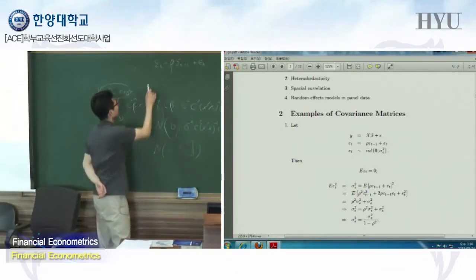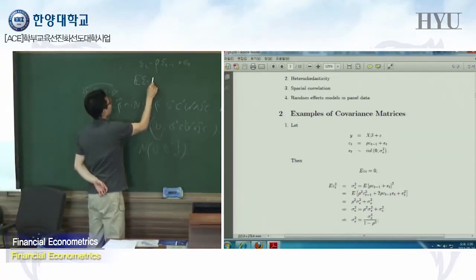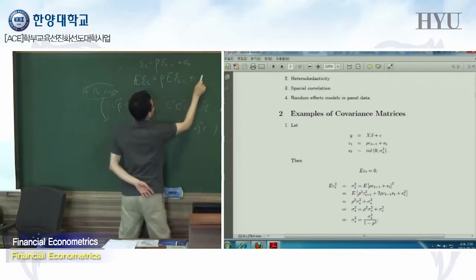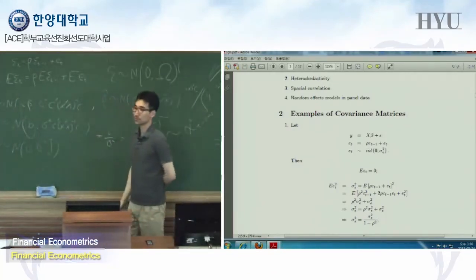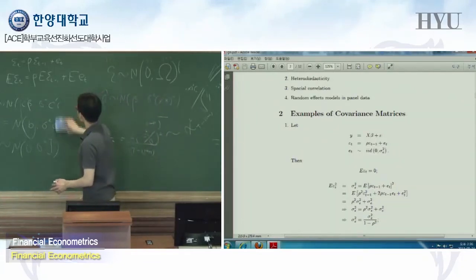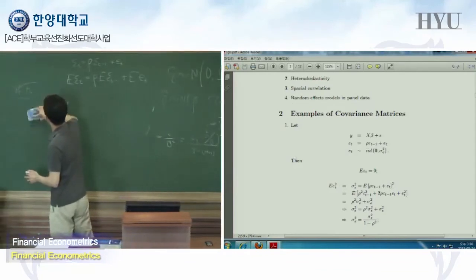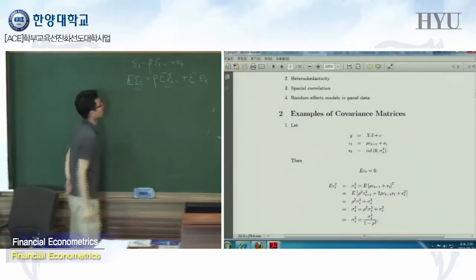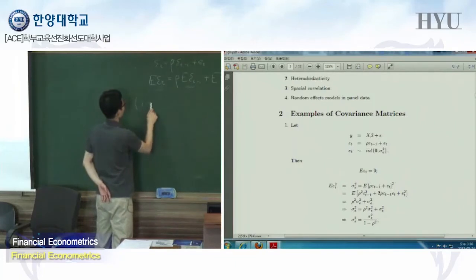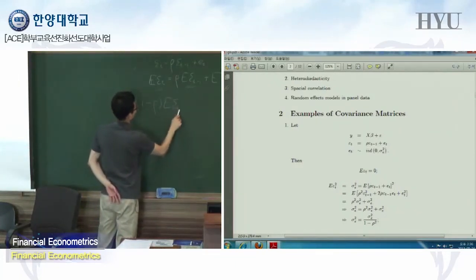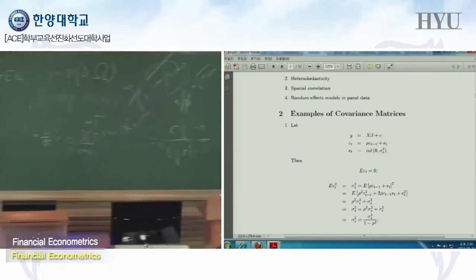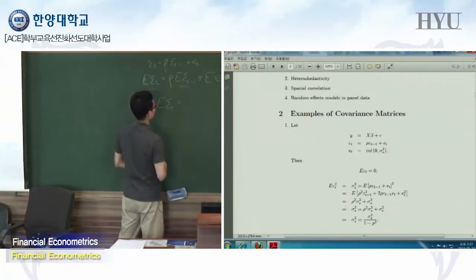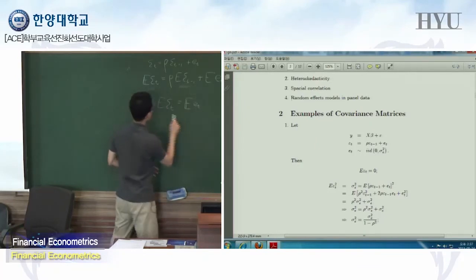And if we put expectation over here, the expectation of epsilon t equals rho times the expectation of epsilon t minus 1 plus the expectation of e t, right?